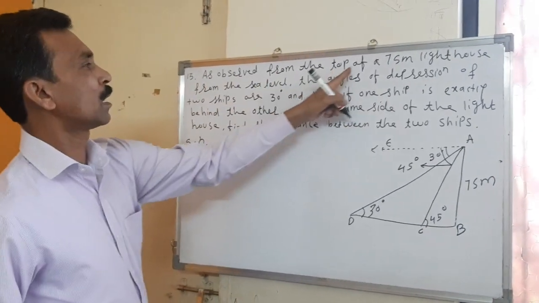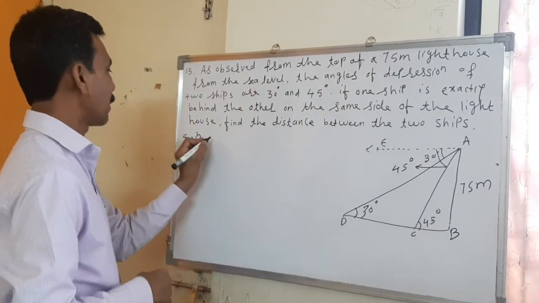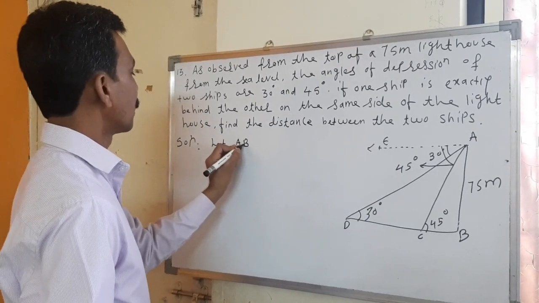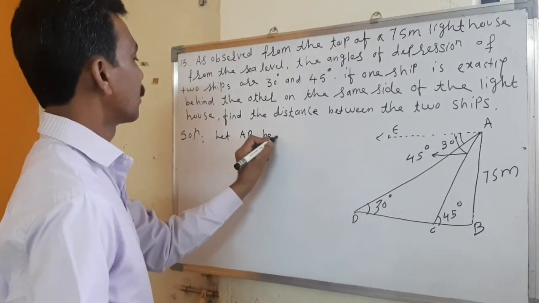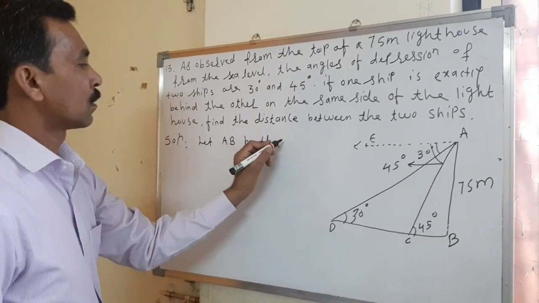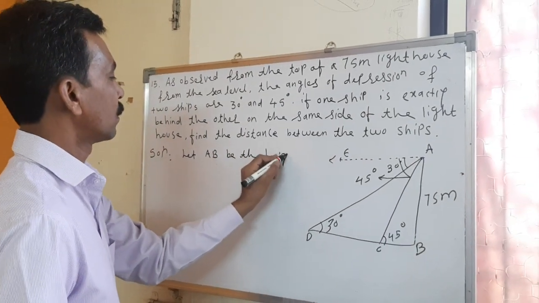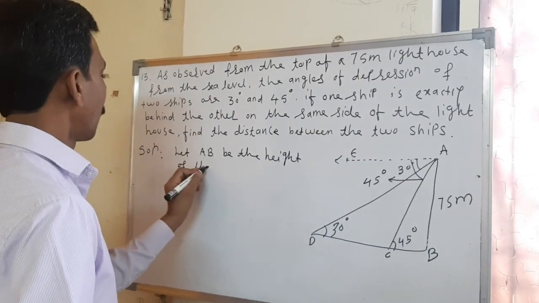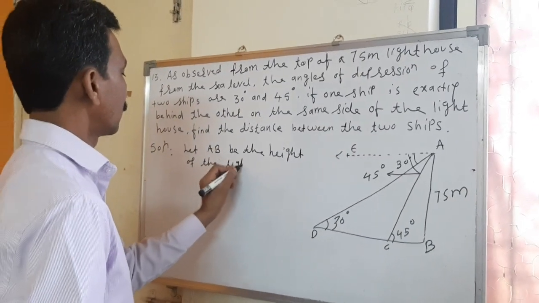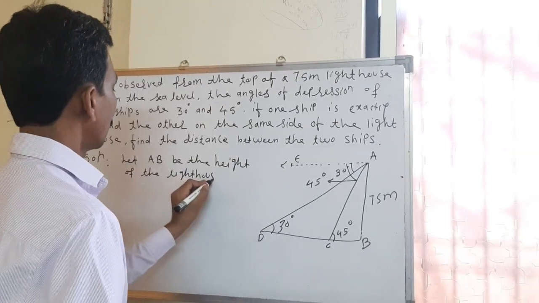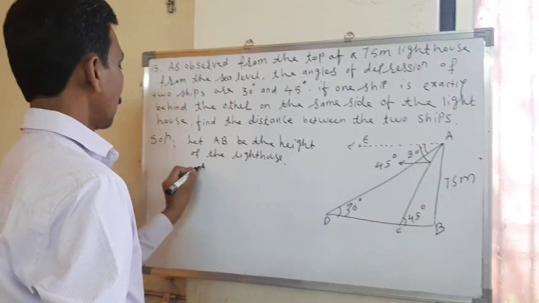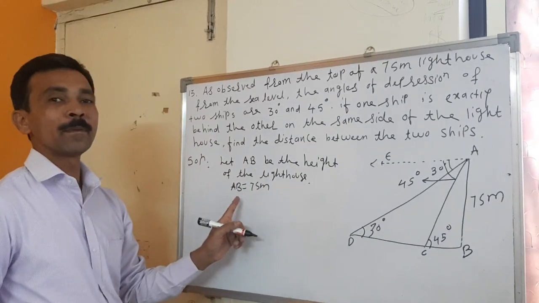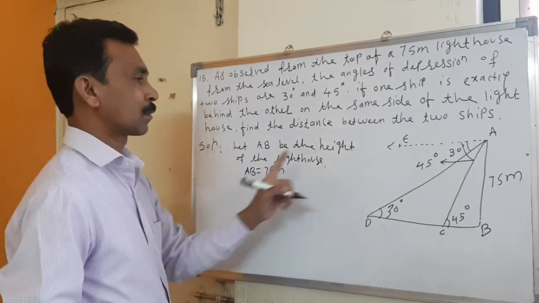As observed from the top of the 75-meter lighthouse AB, AB is the height of the lighthouse. AB is equal to 75 meters.